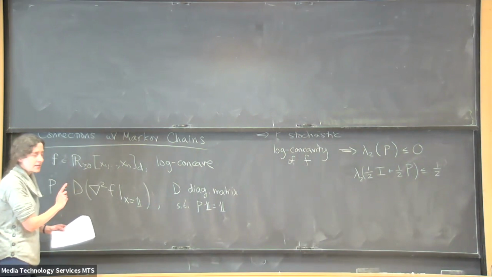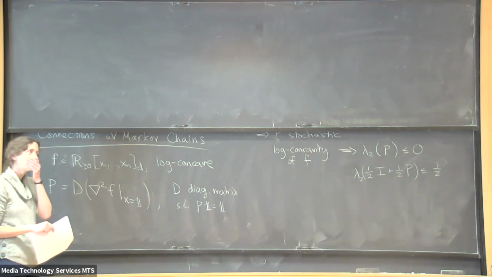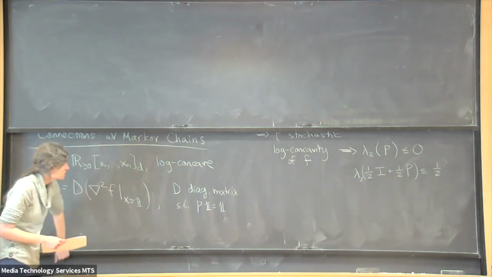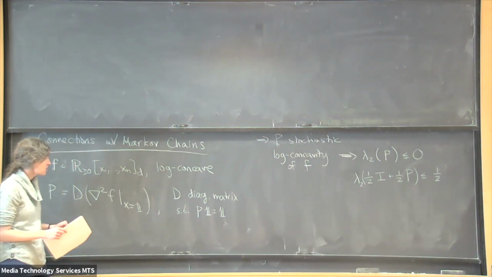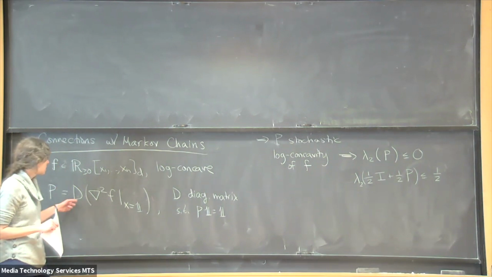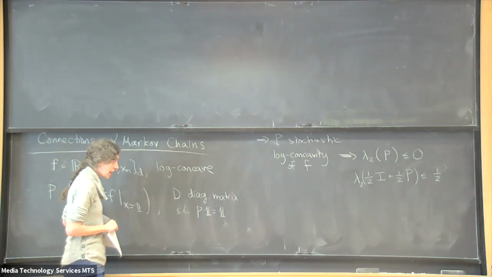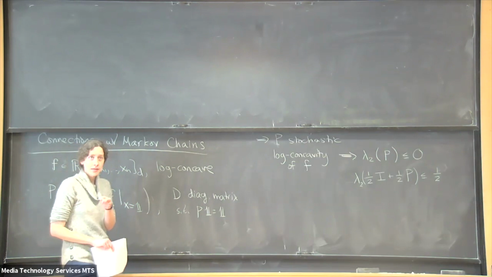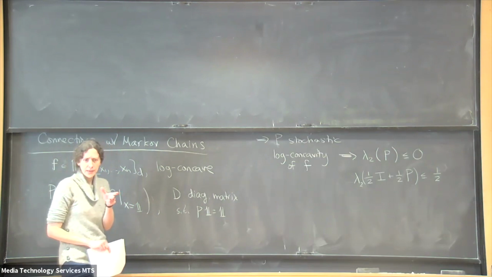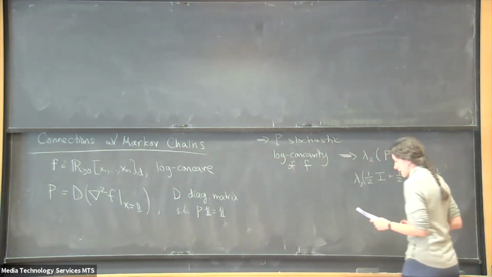No, if symmetric, you can pre- and post-multiply by the square root of D. The eigenvalues will be the same as that symmetric matrix, but that matrix won't be. Well, okay, it doesn't matter. You don't need it.